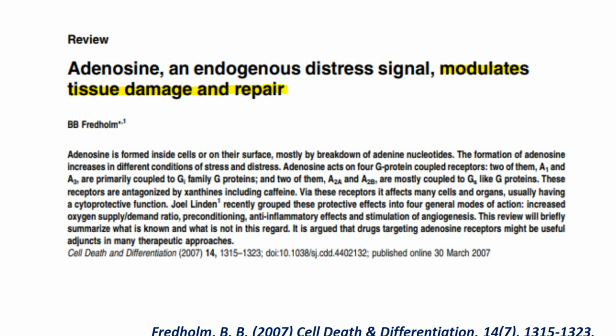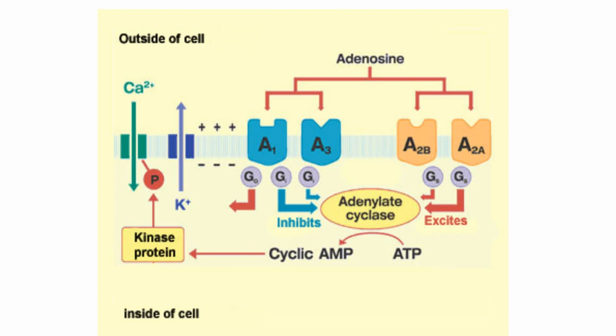So, this is the diagram. You have outside the cell, extracellular, and inside the cell, intracellular. You have adenosine. Adenosine has four types of receptors: adenosine receptor A1, A3, A2B and A2A.